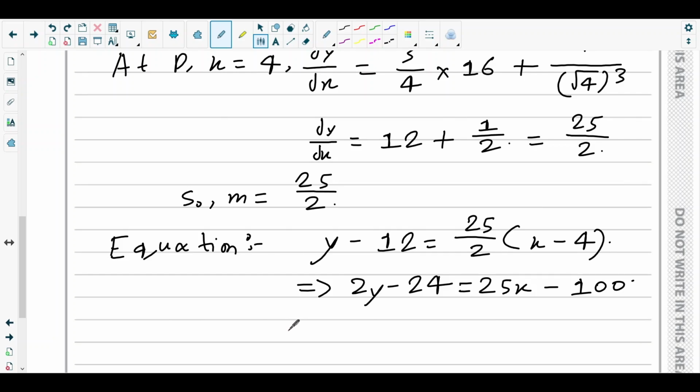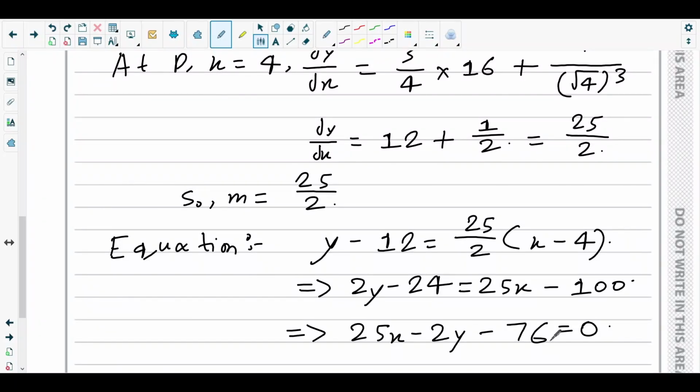So take the terms on the left hand side to the right hand side: 25x minus twice y minus 100 plus 24. Minus 100 plus 24 is minus 76. This equals 0.